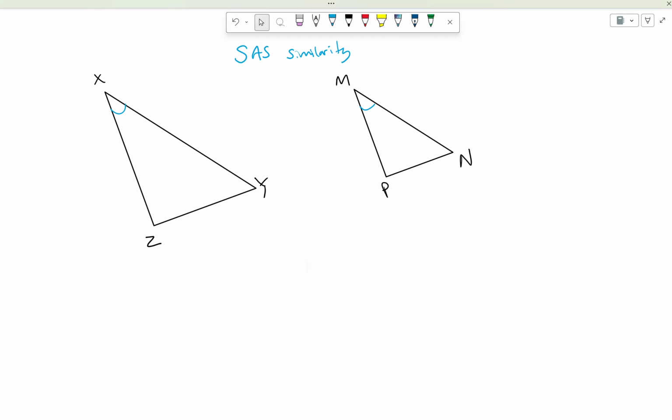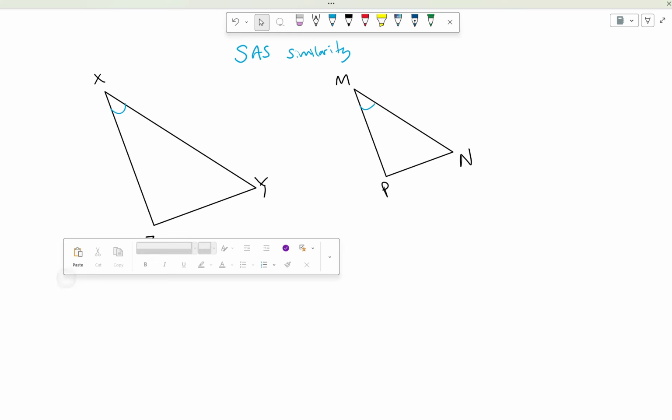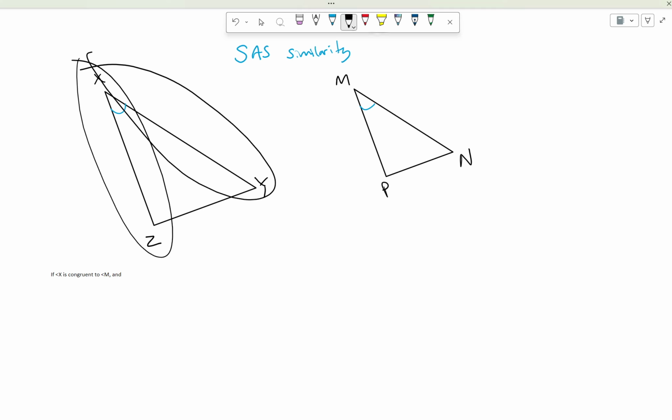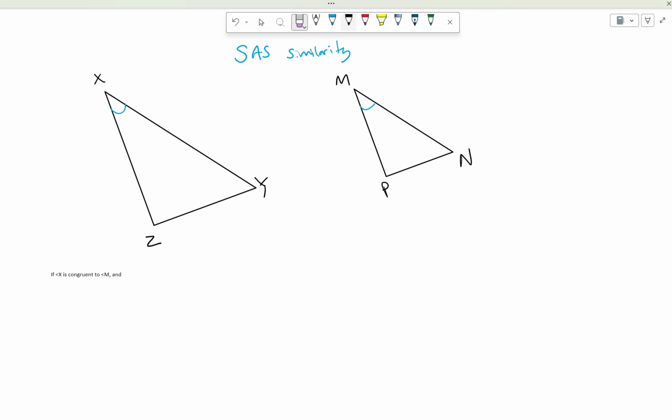Here's how we could determine this. This is our SAS similarity: if angle X is congruent to angle M, which it is, and then we have to make this side and this side correspond, where the angle X is going to be included, or sandwiched, in between.